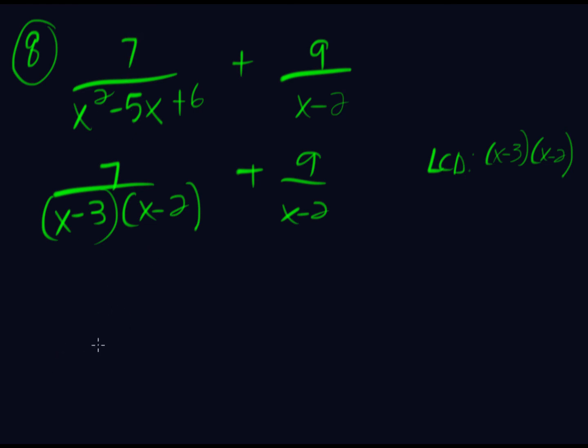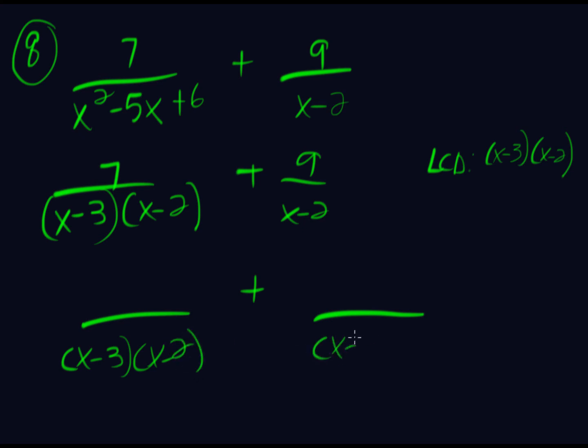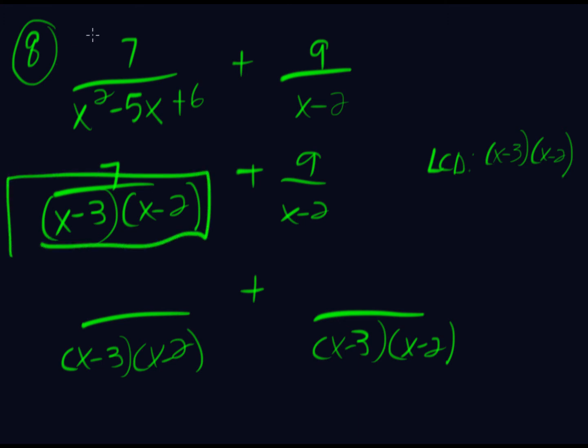So now I want to make sure that both of my denominators are x minus 3 and x minus 2. In this first expression, our denominator is already x minus 3 and x minus 2, so I don't have to multiply it by anything. That 7 just comes right down.